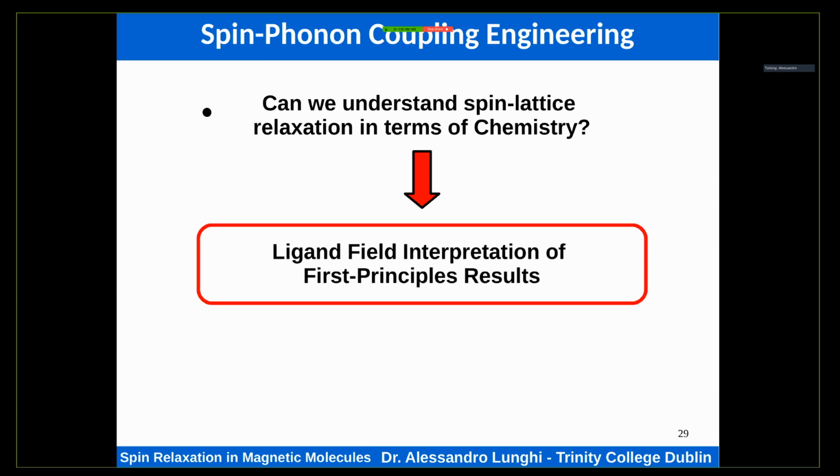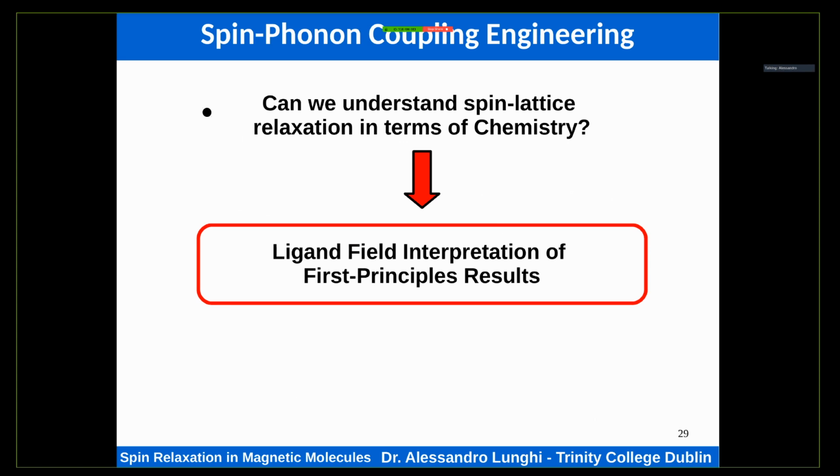Essentially, the problem is that when we talk about spin-phonon coupling, we can go to a chemist and tell them, you should reduce spin-phonon coupling, but then there is no understanding of how to actually implement this into a synthetic procedure. And ligand field is a theory that has been used for a long time and is still used today to interpret the electronic structure of coordination compounds.